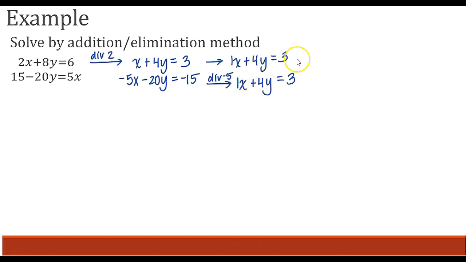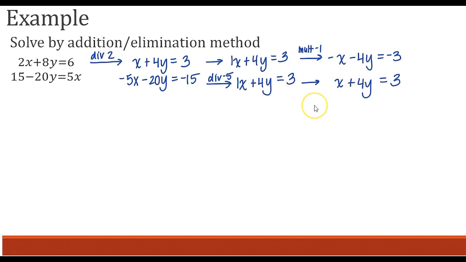So let's go ahead and multiply, let's say, the top equation by a negative 1, so that I have negative x minus 4y equals negative 3. So multiplying each term by a negative 1. And then the bottom equation stays the same. So I have x plus 4y is equal to 3.